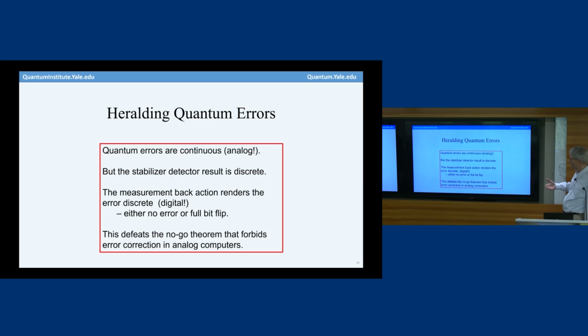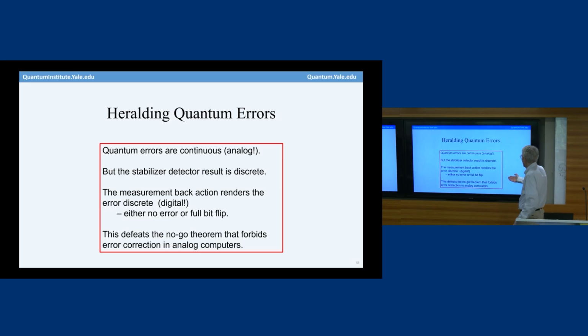And the fact that quantum mechanics is both continuous, analog, and digital is what saves you from the no-go theorem that you can't do error correction in analog computers. Every position of the gears is a perfectly legal one, so if one of them got moved, how do you tell?